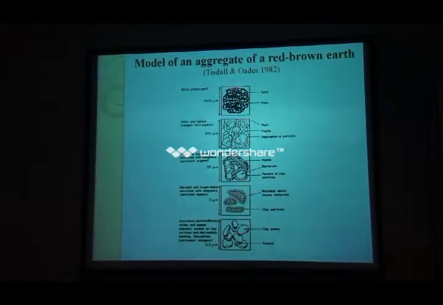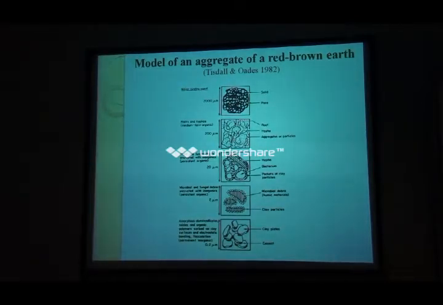So these small aggregates are 0.2 of a micron. And they in turn were held together into these stable aggregates of 2 micron. And here there's microbial debris with clay particles stuck on the outside. And those in turn were bound up into larger aggregates and then larger aggregates again.